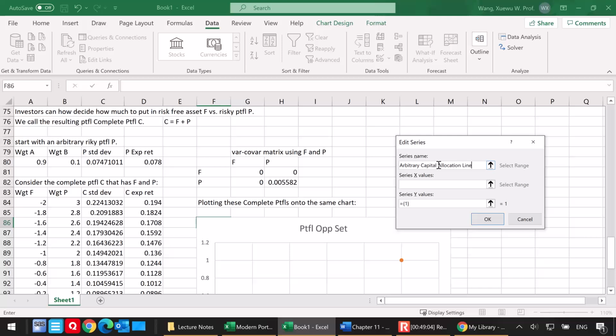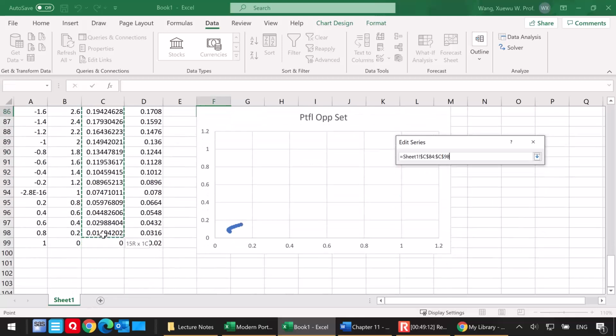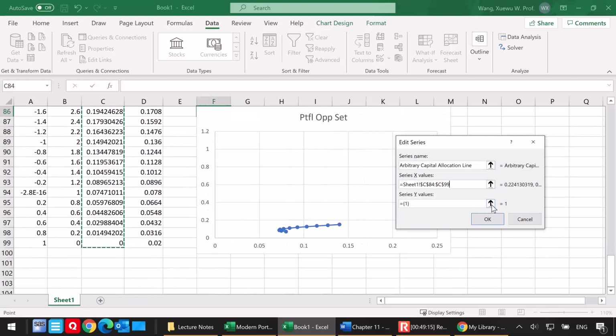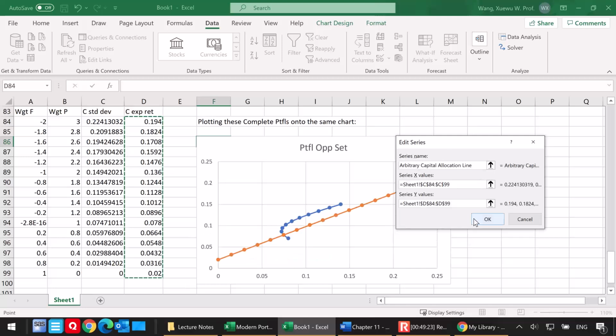And the X variables are the standard deviation for the complete portfolios. And the Y variables are the expected return. So I'm going to look at expected return for the complete portfolios. Let me press enter and click OK and click OK.